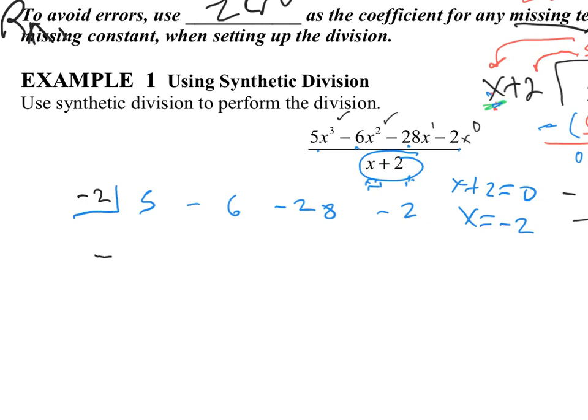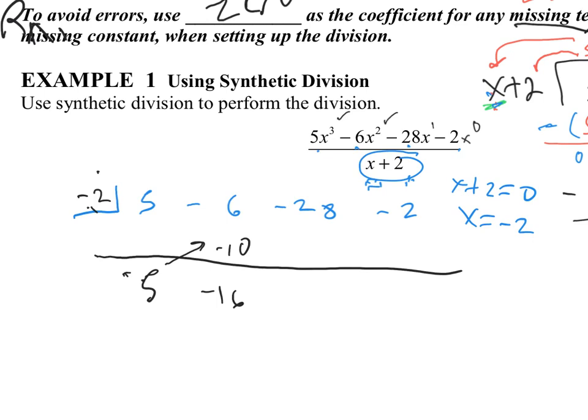Now let's see how much easier this is. I should get the same answer, I hope, unless I messed up over there. You bring down the 5, and you take these two and you multiply them together. That's a negative 10. That answer goes right here, negative 10. Then all you do is add straight down. You don't change any signs. You just add straight down. That's a negative 16.